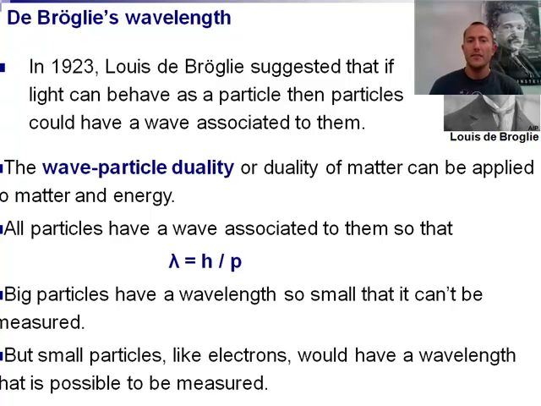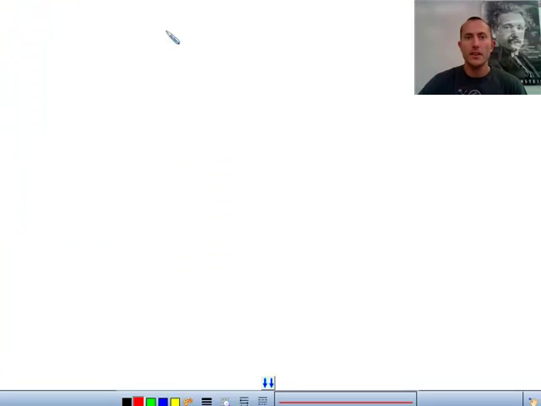He said that if all waves have momentum, then all things that have momentum should have an associated wavelength. And he drew this conclusion initially in just a very simple mathematical way, because Einstein had said that the momentum of any wavelength was equal to Planck's constant divided by its wavelength.